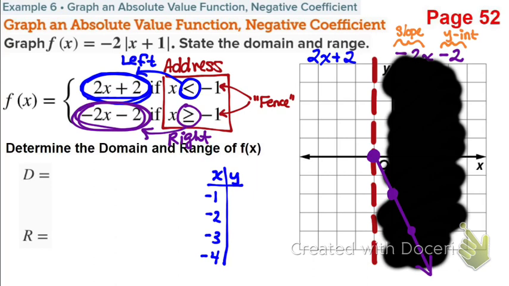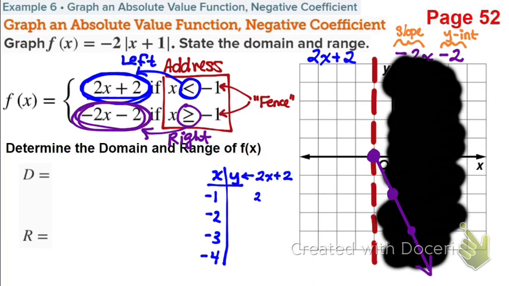So I'm going to substitute it into what? Which rule are we looking at right now? The second one. Yeah. So to find this, I'm going to do 2x plus 2.